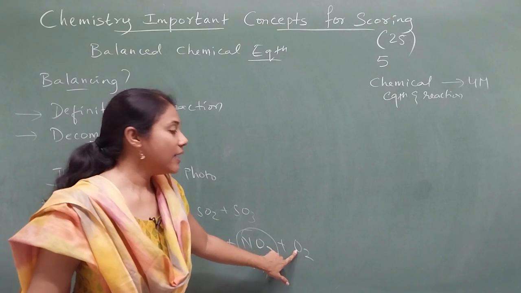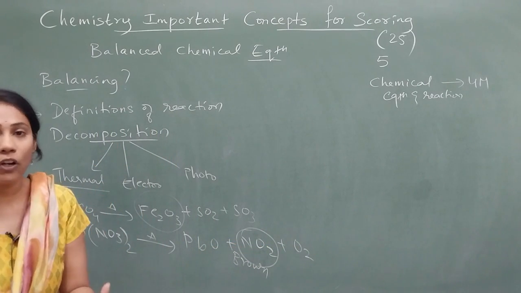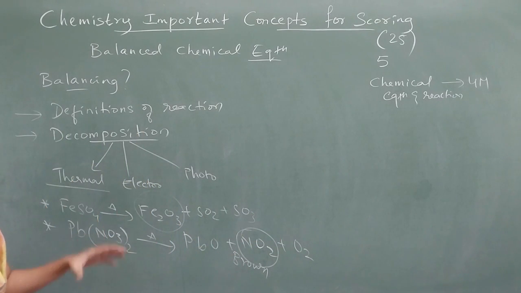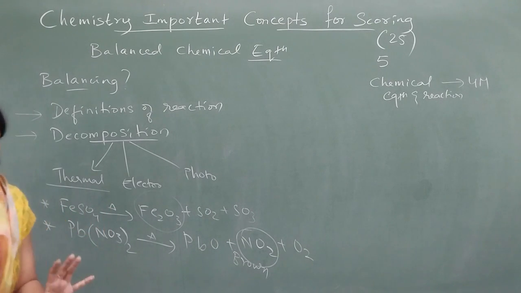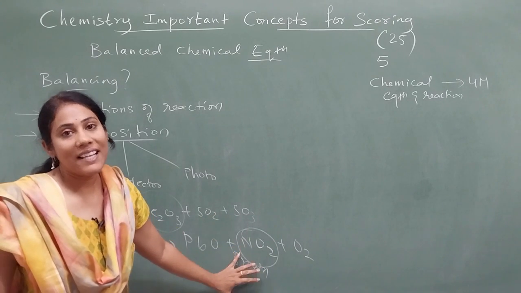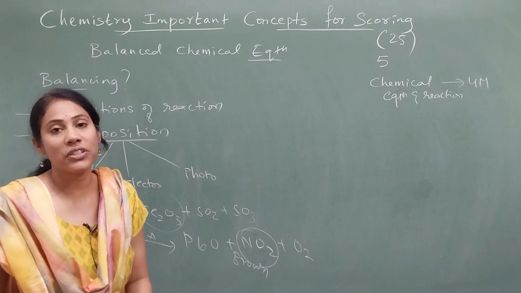Okay, and oxygen always helps for burning, or oxygen always helps for combustion, right? So they might frame a question like this: lead nitrate is usually white colored crystals; when lead nitrate is heated, a brown colored gas is liberated. Which is that gas? So you have to write nitrogen dioxide.